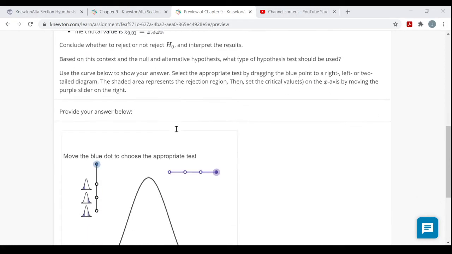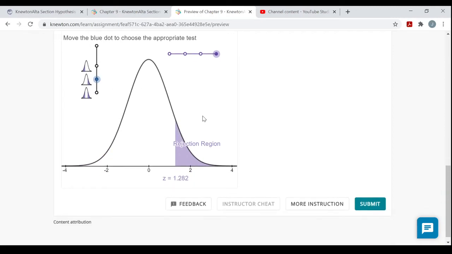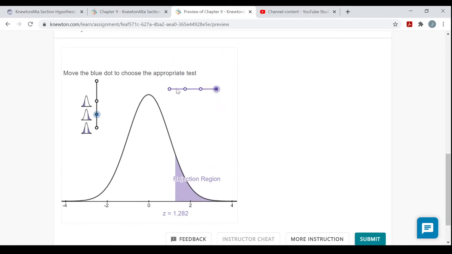So here we got one of these interactive ones where I have to move things. We said it was a right-tailed test, so I move this down to right-tailed. There, right-tailed. And then I guess I need to move this purple dot so that the critical value is at 2.326.